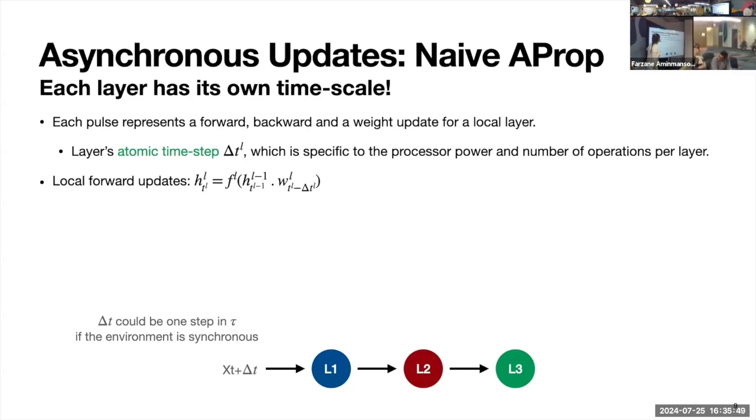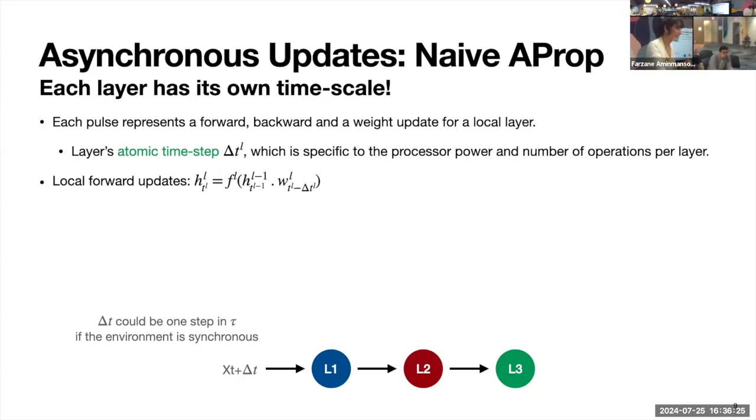We can see that, for example, our forward updates would become dependent on the latest update of the previous layer, in the time scale of the previous layer, multiplied by the W, but the W that was updated in the last time step of the current layer. So delta T_L is the atomic step of the current layer's time scale, right?